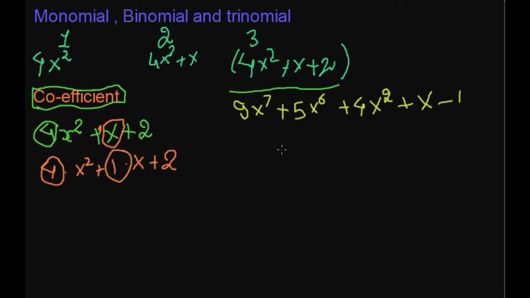Here what all coefficients are available? 9, 5, 4 and 1. So these are the coefficients of this polynomial function.